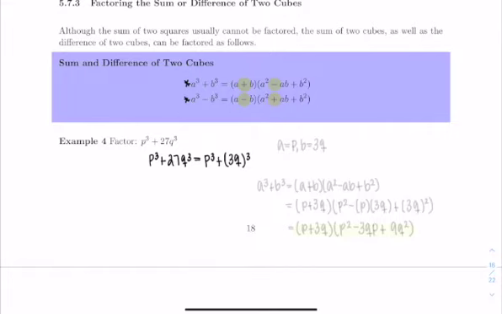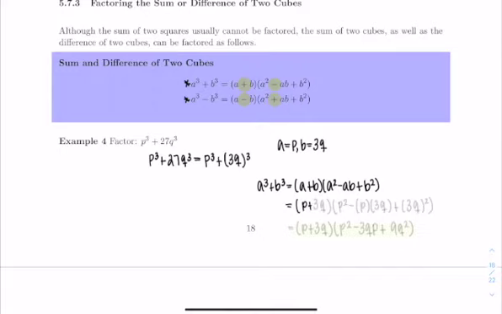Now this is a sum of cubes, which means we're going to use the formula. In this case, our a is p and our b is 3q. So using the formula a cubed plus b cubed, we get a plus b times a squared minus ab plus b squared, and we need to just fill in our a and b.